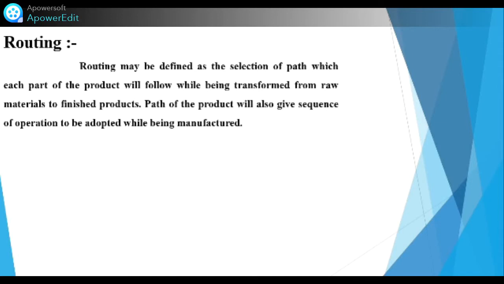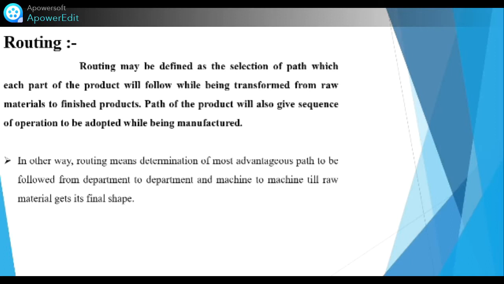So in routing, we select the path of the product, how the product will flow and how it will transform from raw material to finished product. In other words, routing means the determination of the most advantageous path to be followed from department to department and machine to machine till the raw material gets its final shape. So that is all about routing.